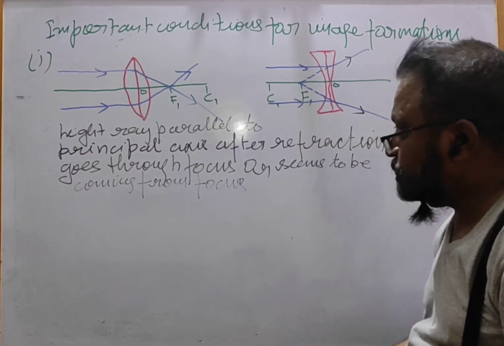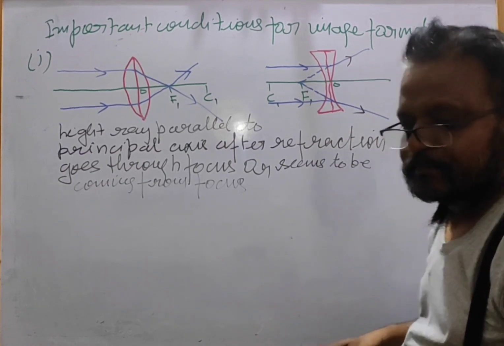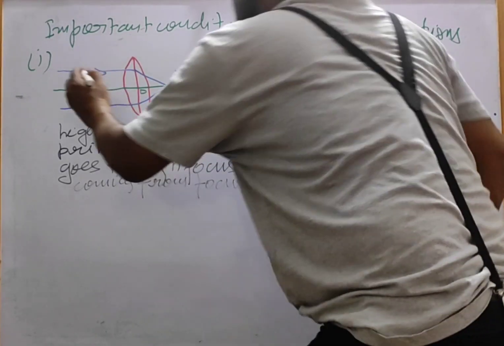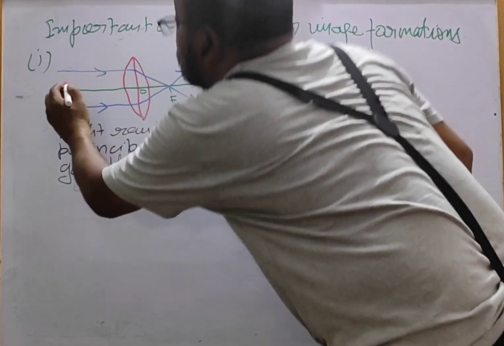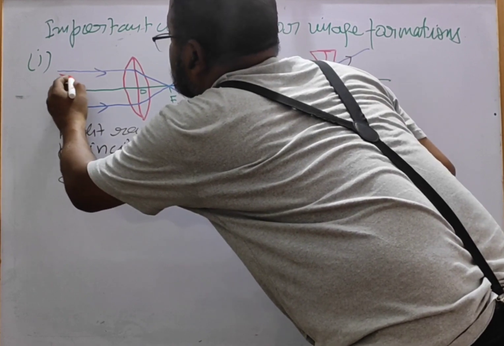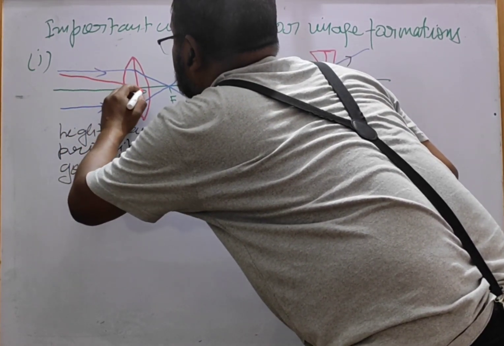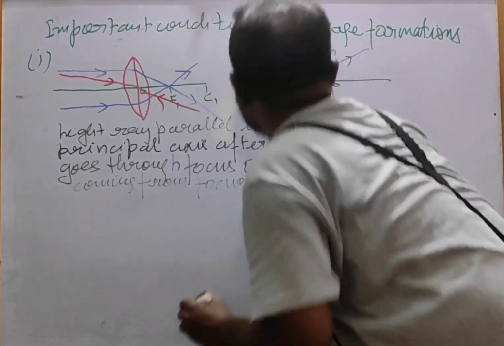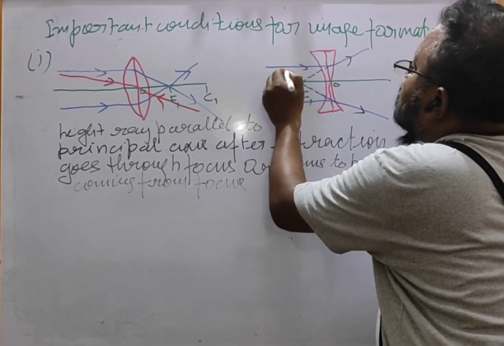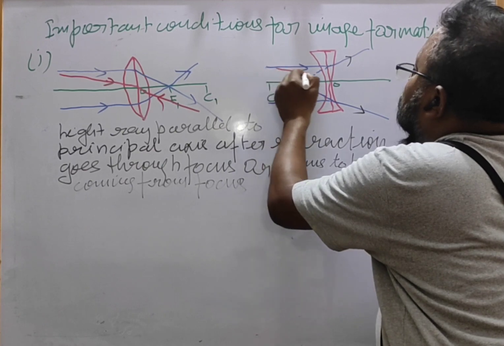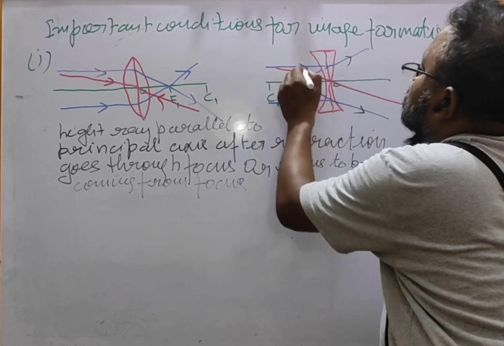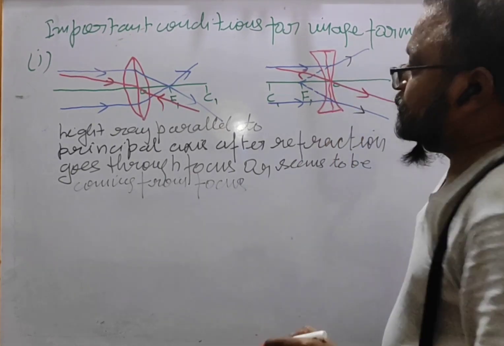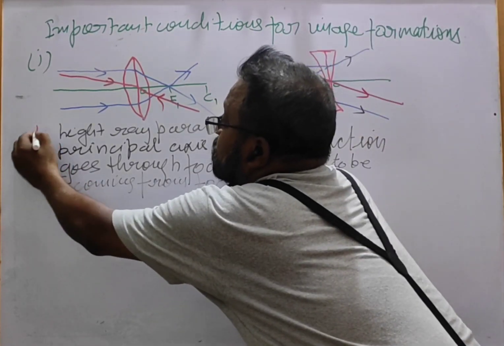Second is, light ray passing through optical center behaves like a normal, right? This was first.